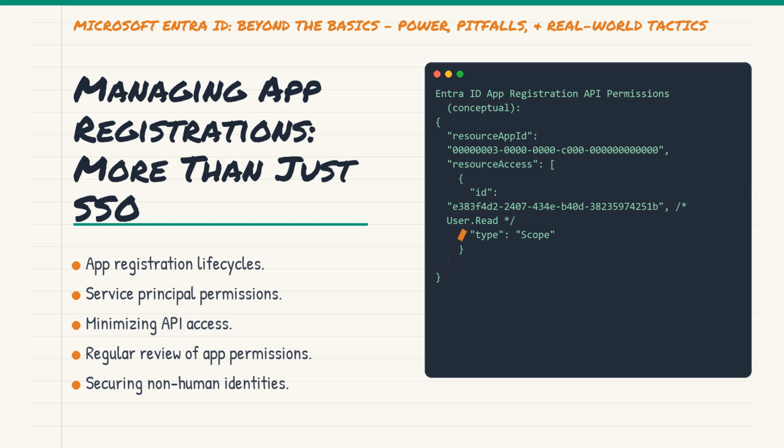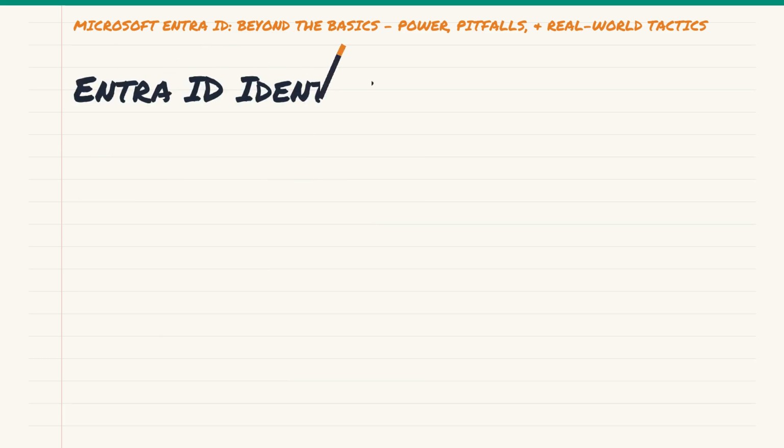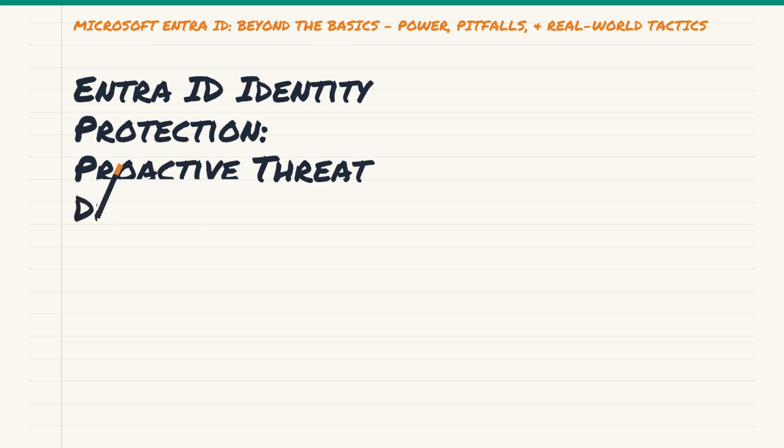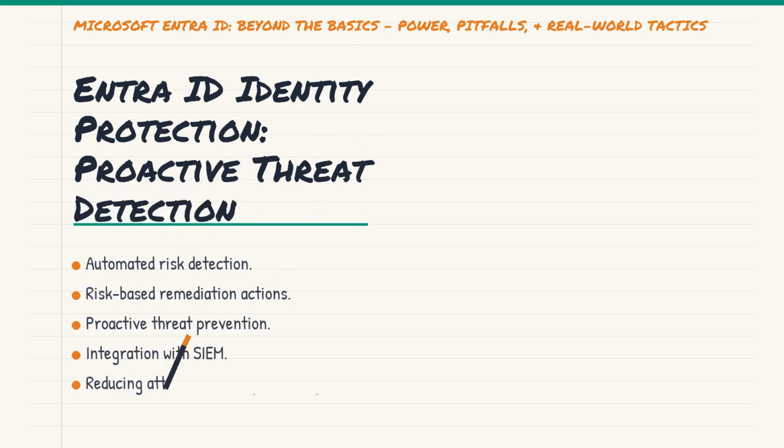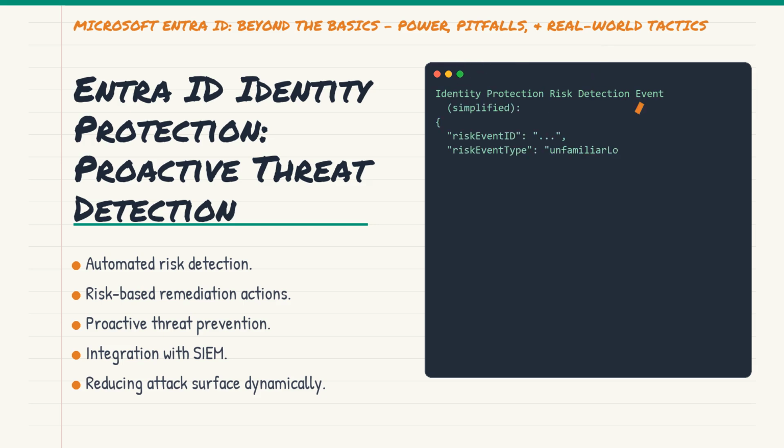They need careful oversight. This is where Entra ID P2 really shines. Identity protection goes beyond just logging. It actively analyzes sign-in behavior to detect risks. Things like anonymous IP address usage, unfamiliar locations, or password spray attacks trigger risk scores.